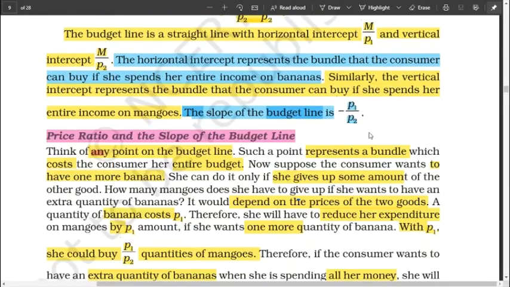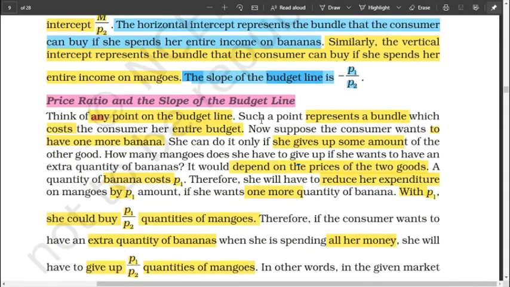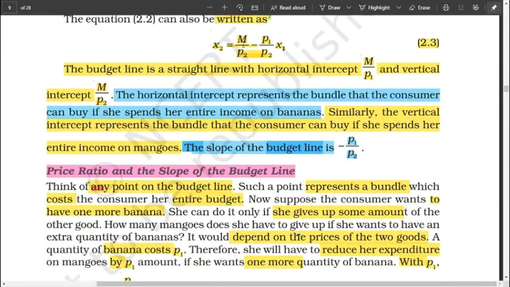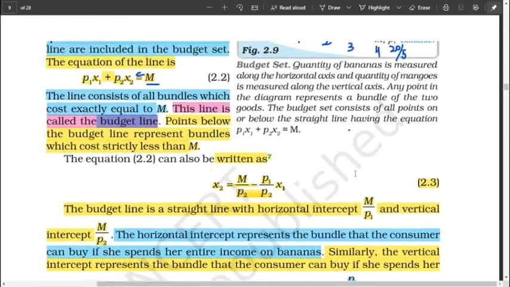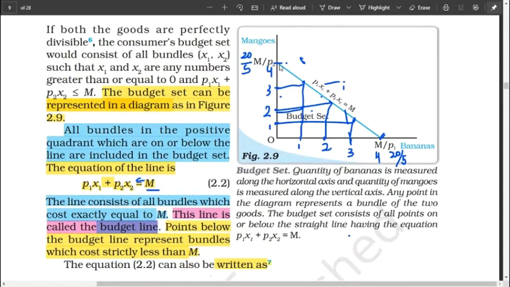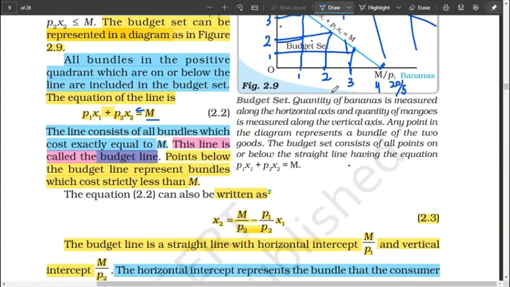Okay, and this part of the equation, minus P1 by P2, explains the slope of the line. What is the slope? The line could have this slope or this slope or this slope, but this one has a distinct slope. So what is the slope? It is minus P1 by P2.